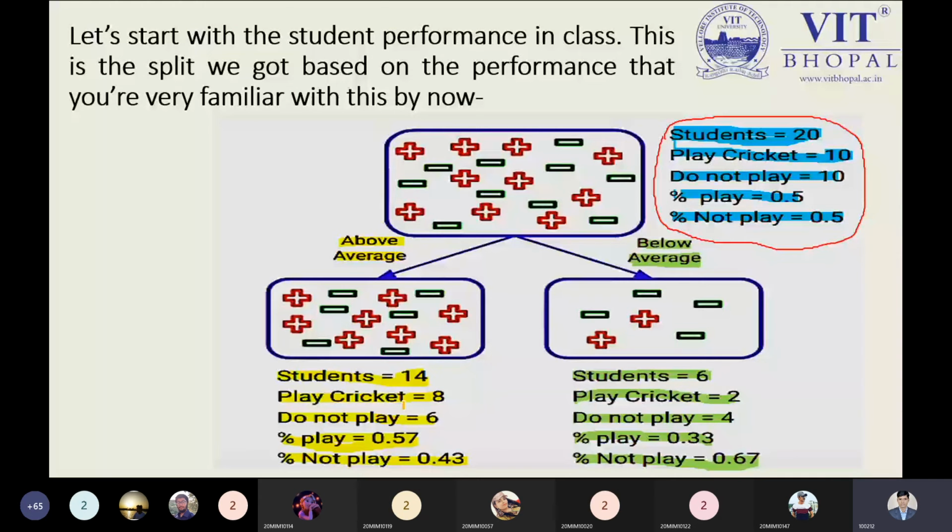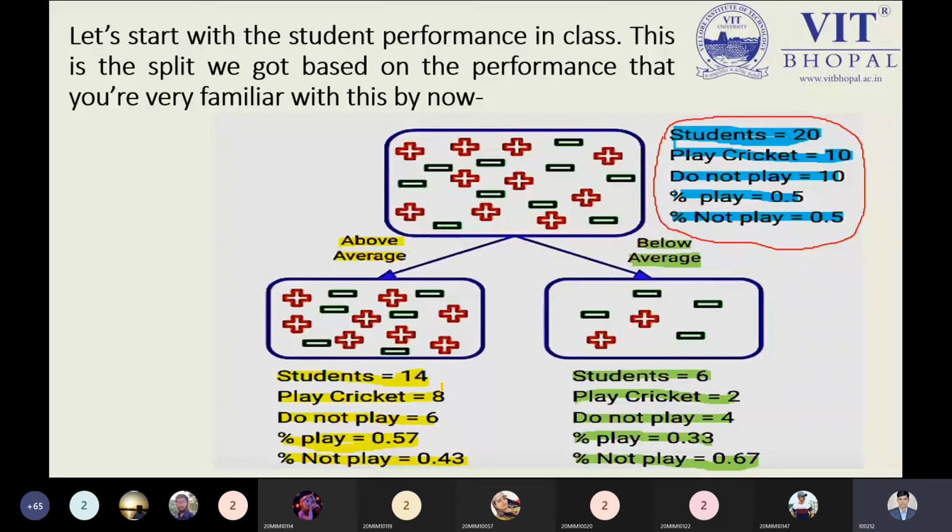I can write it over here: 14 divided by 20. Why am I dividing by 20? Because 14 students were part of the left side, out of 20, because 20 were defined by our parent node. So 14 divided by 20 multiplied by its entropy value.